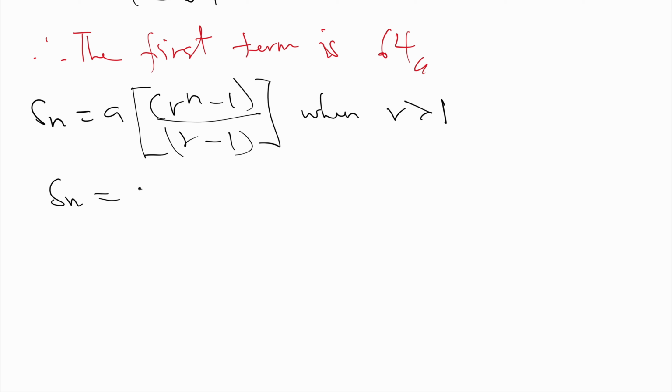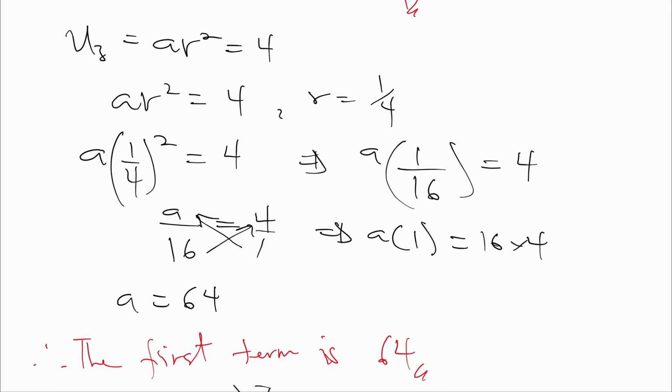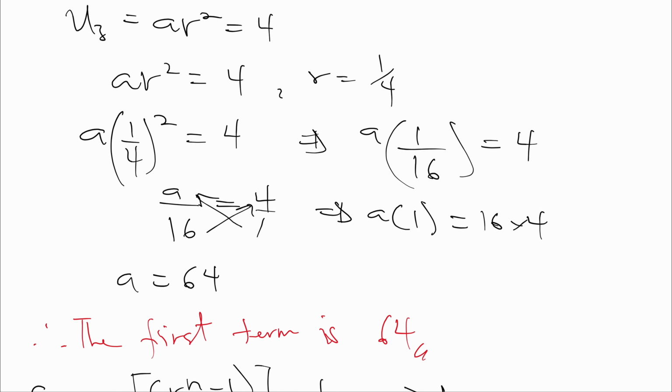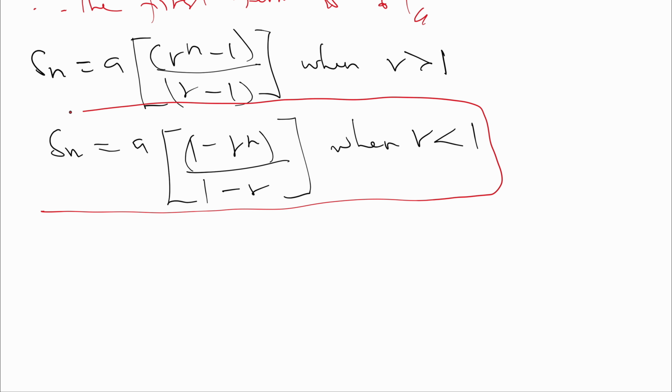We also have a(1 minus r^n) over (1 minus r), and we use this when our r is less than 1. And from here, our r is 1 over 4, which is less than 1, so we use this formula.